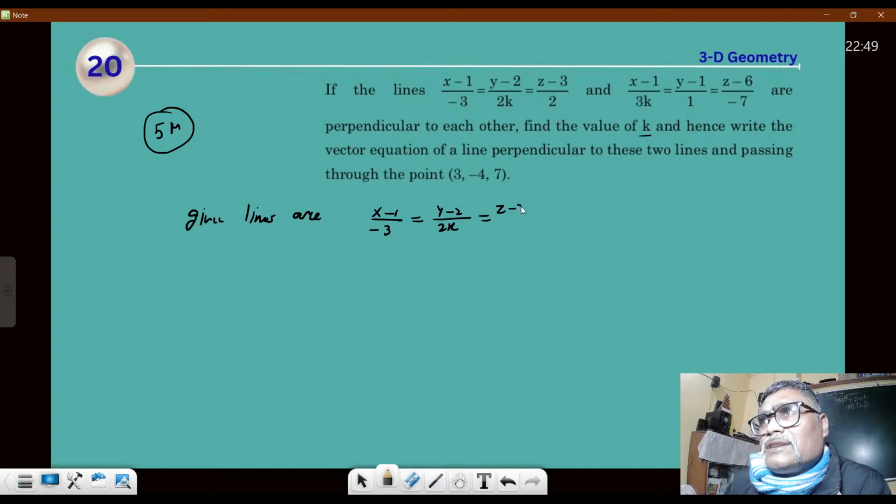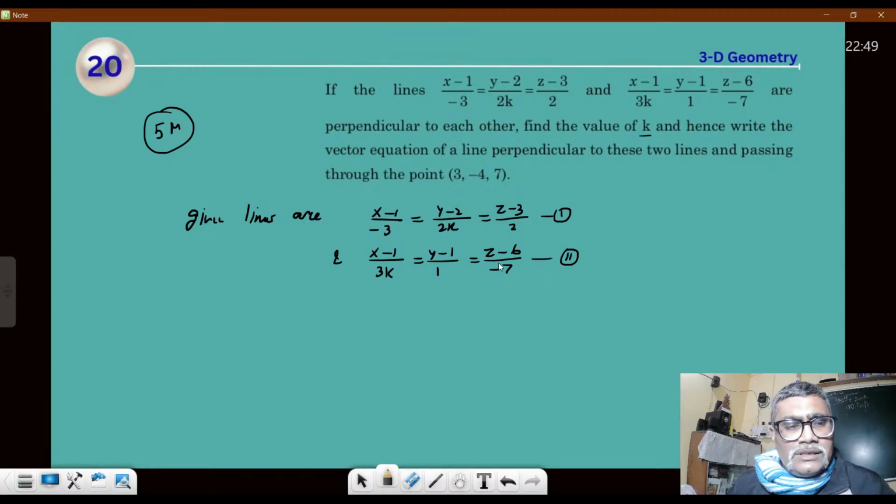This is the given line 1, and the second line is (x minus 1) divided by 3k, (y minus 1) divided by 1, (z minus 6) divided by minus 7. Okay. So now we are having these lines.